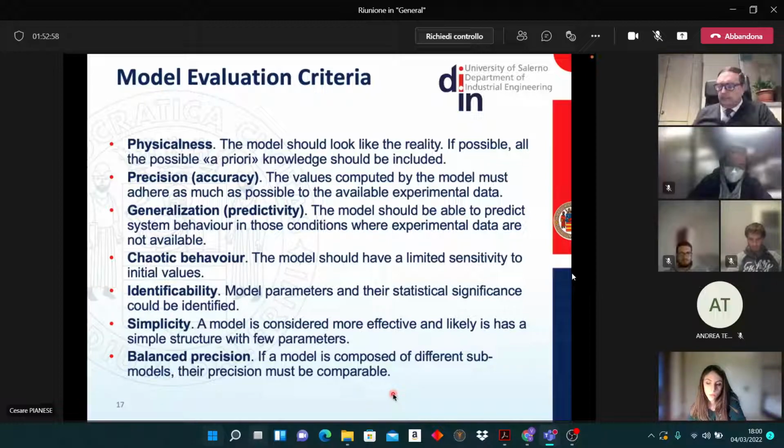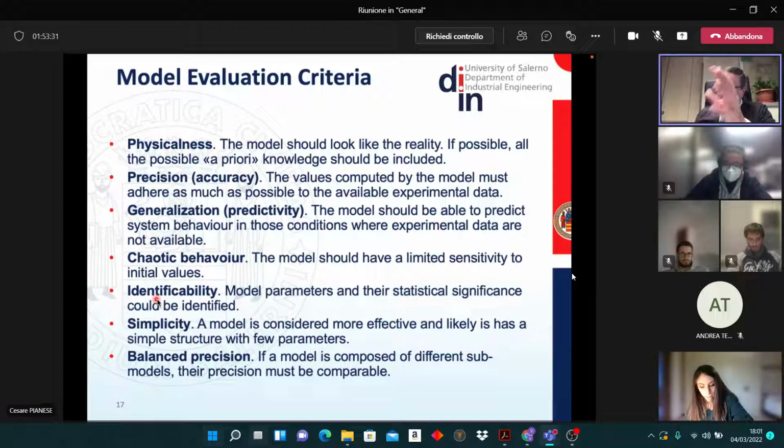Here we have the physicalness, the precision or accuracy, but we must be careful because, precision and accuracy, we can use one instead of the other, but there is a precise meaning in precision and accuracy. Then generalization, which is the predictivity, any possible chaotic behavior.